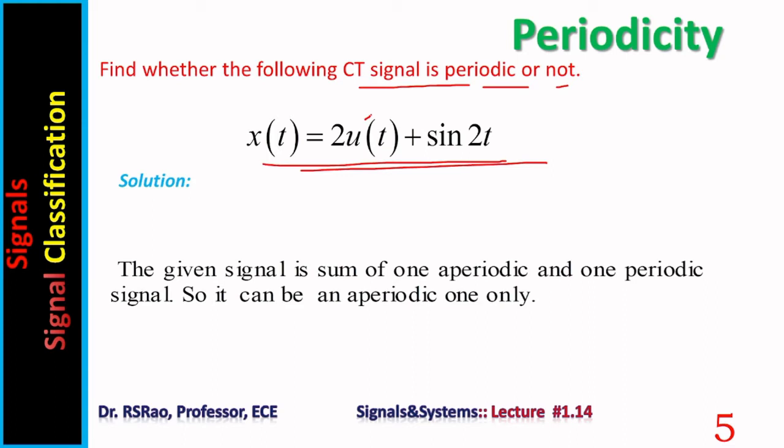Sine 2t is periodic. One is aperiodic, another is periodic. Just by mere watching, one can have this information regarding the given signal. Now the solution. The given signal is the sum of one aperiodic and one periodic signal. Therefore, it cannot be periodic. It is an aperiodic signal.